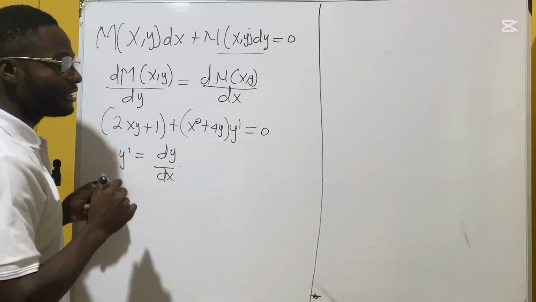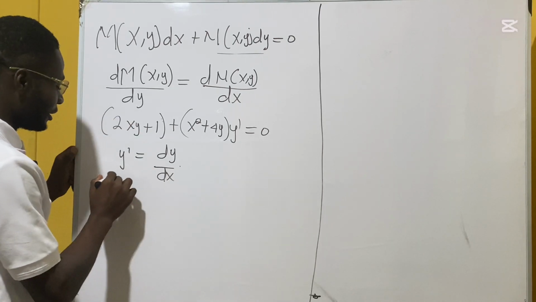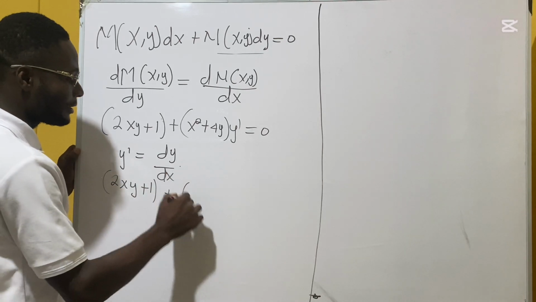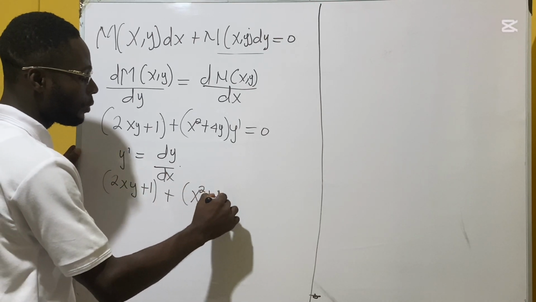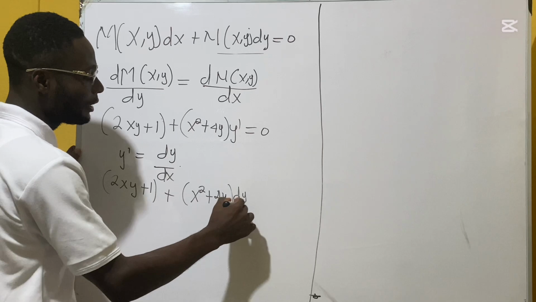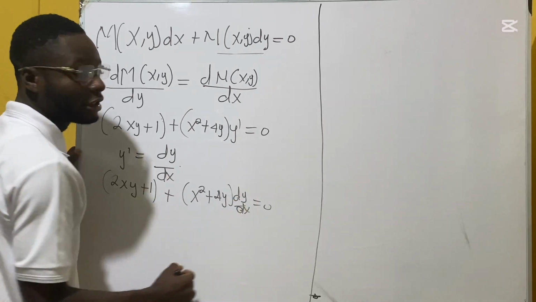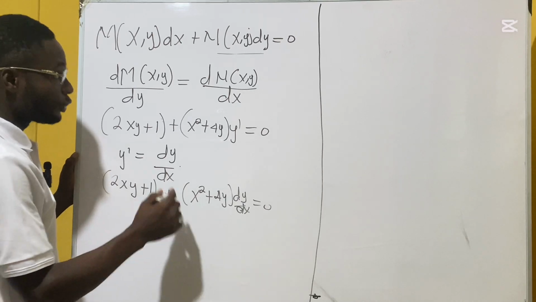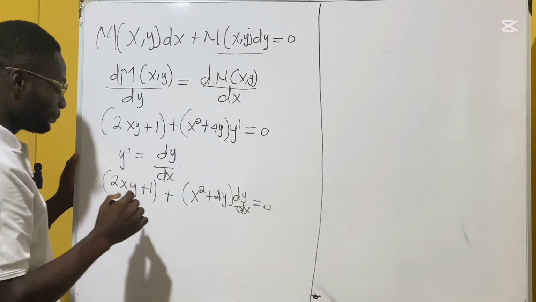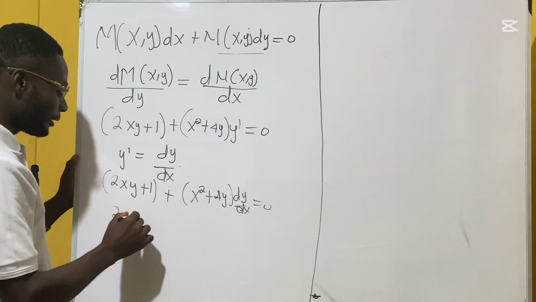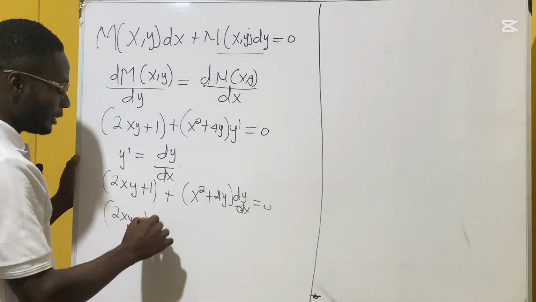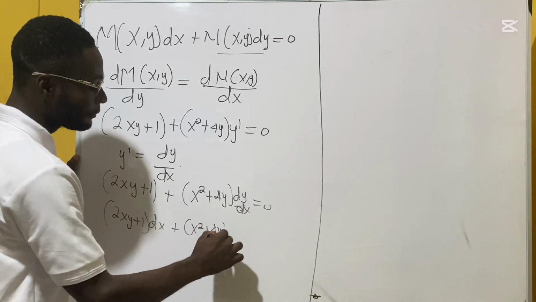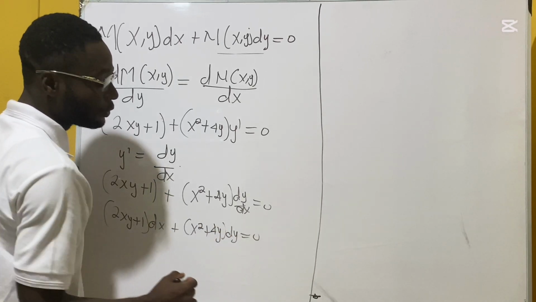So once you have this, then you can say that (2xy plus 1) plus (x squared plus 4y) dy/dx is equal to 0. You can multiply through by dx so that you have something of this form: (2xy plus 1) dx plus (x squared plus 4y) dy is equal to 0.